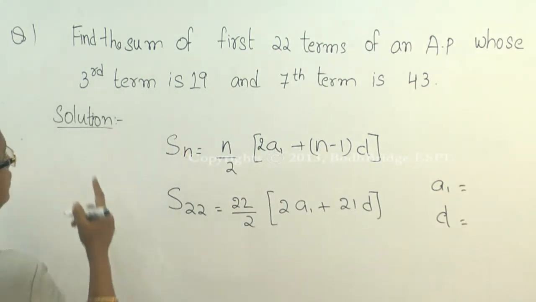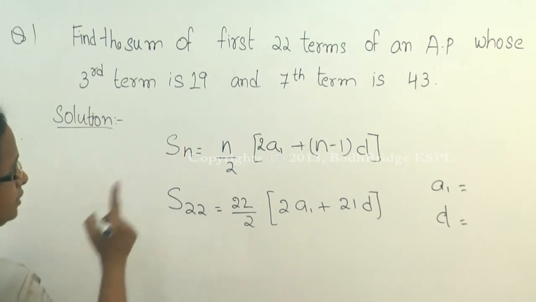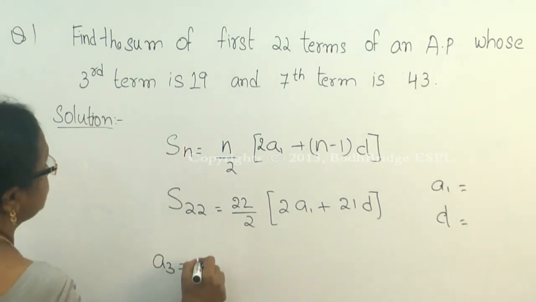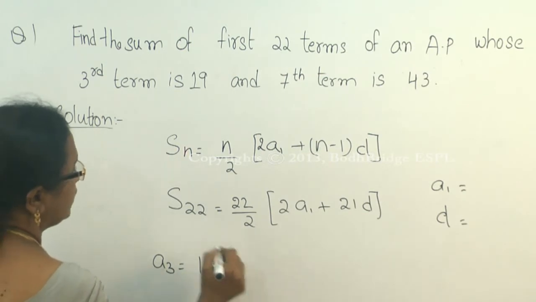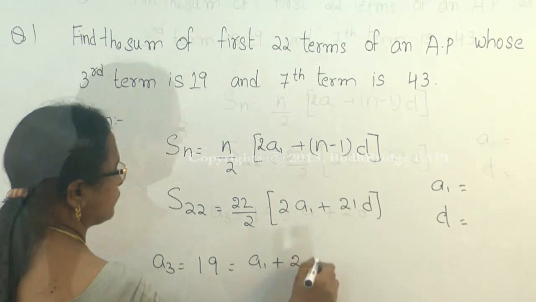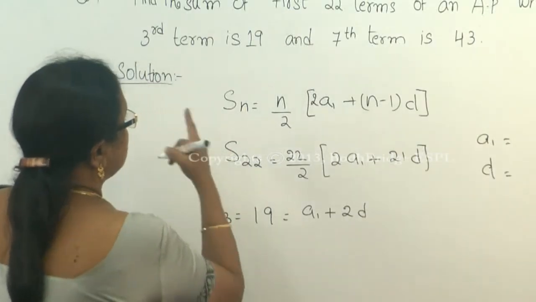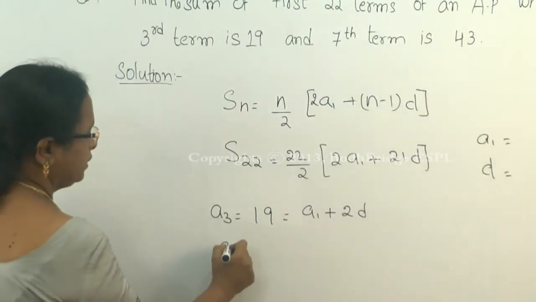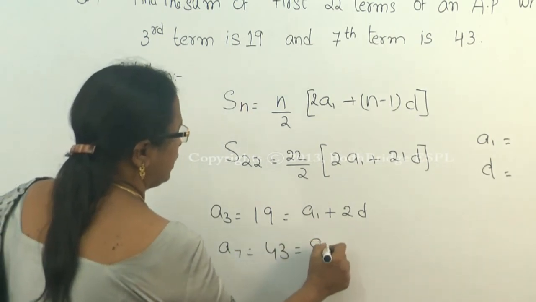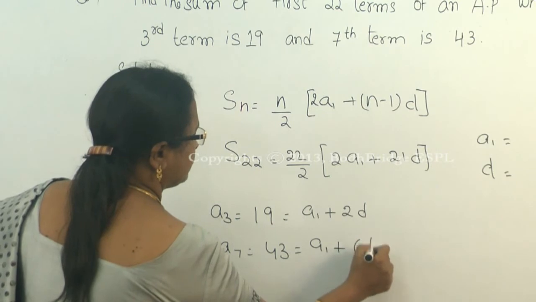Given is third term is 19 and seventh term is 43. So third term is a3, which is equal to 19, and that is equal to a1 plus 2d. And seventh term a7 equals 43, which is equal to a1 plus 6d.